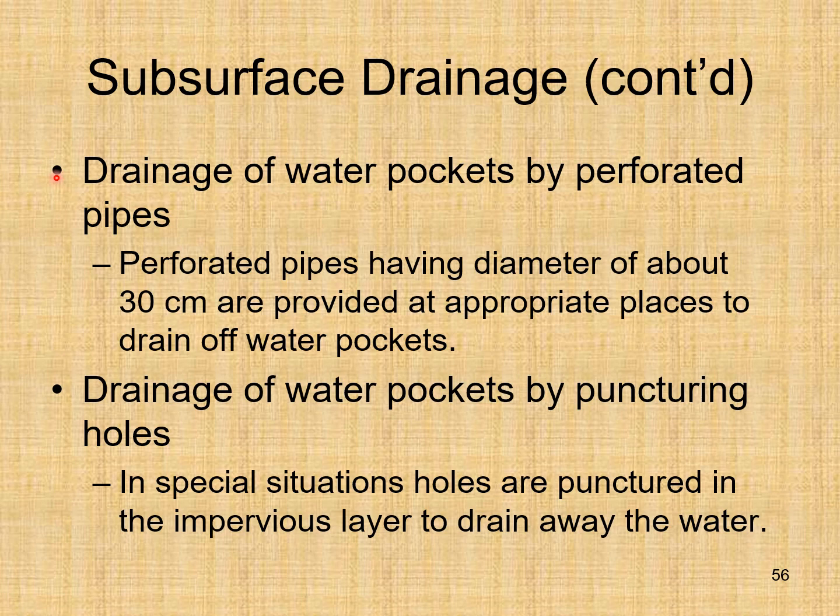Drainage of water pockets by perforated pipes. That is another option for subsurface drainage. Perforated pipes having diameter about 30 centimeter are provided at appropriate places to drain off water pockets. And then comes the drainage of water pockets by puncturing holes. In special situations, holes are punctured in the impervious layer to drain away the water.